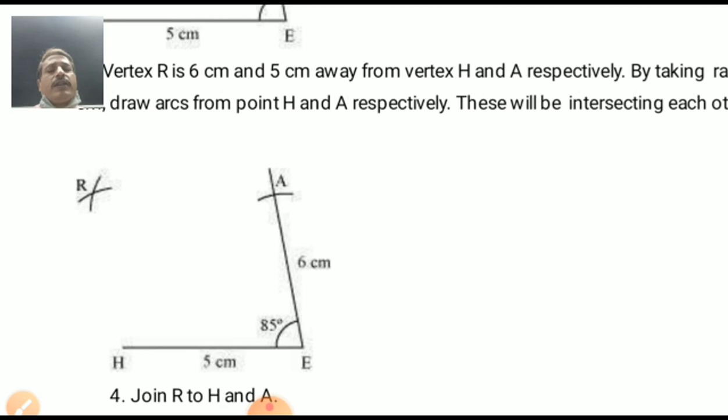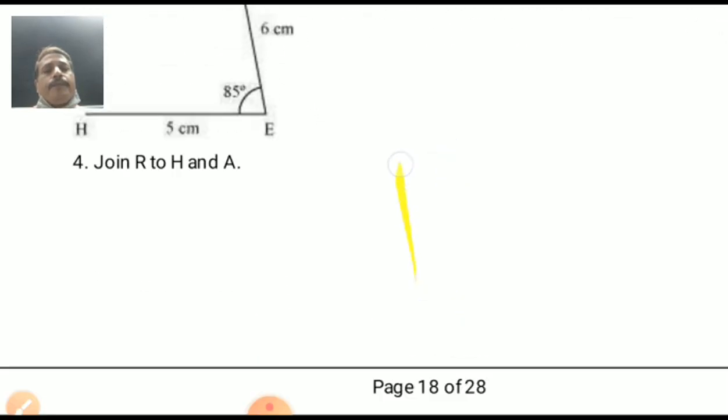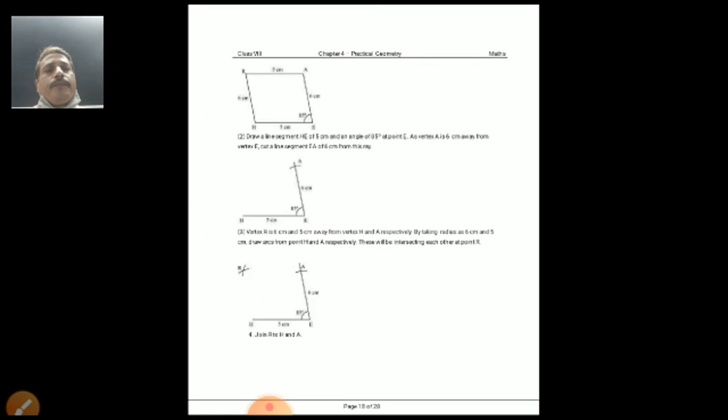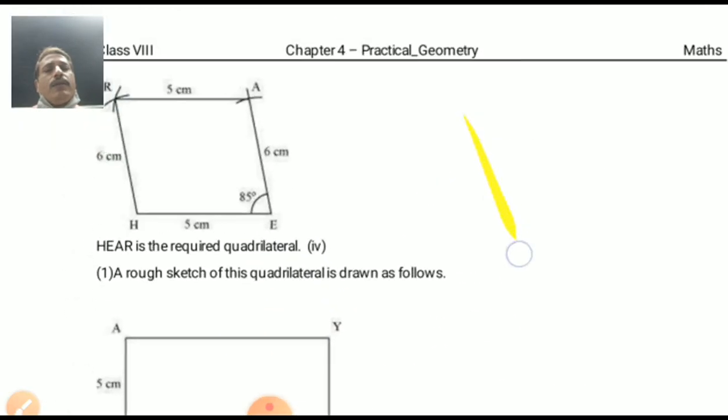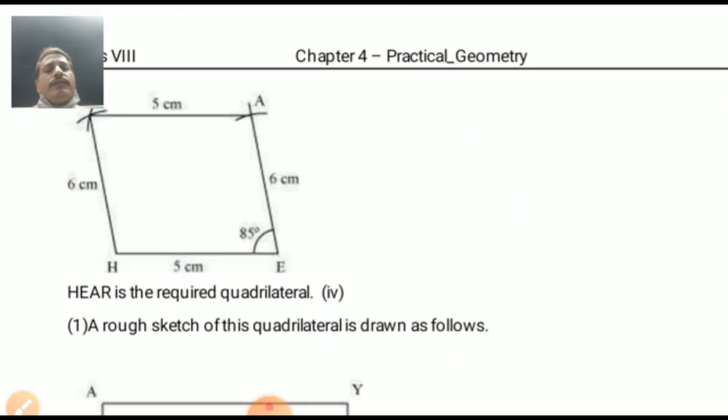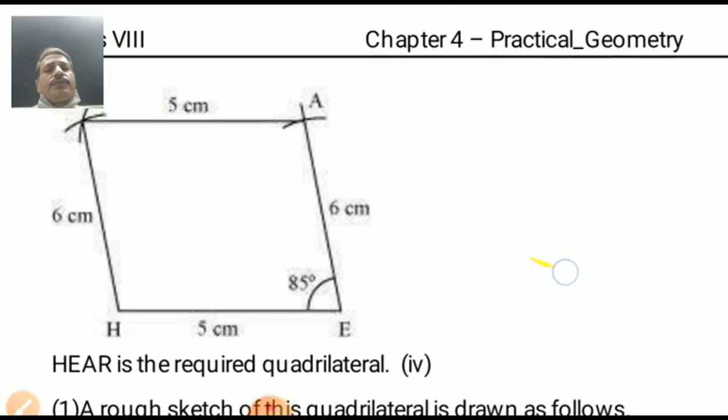Here are your arcs, which give you the correct intersecting point R. Join the points HR and RA. Your parallelogram is ready.